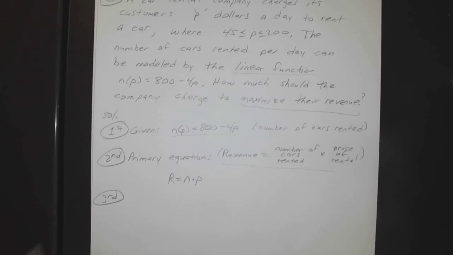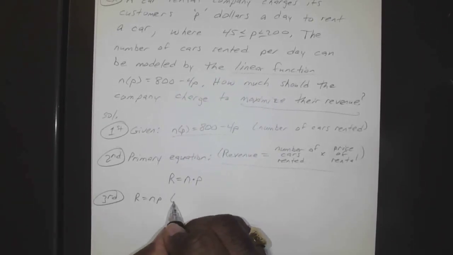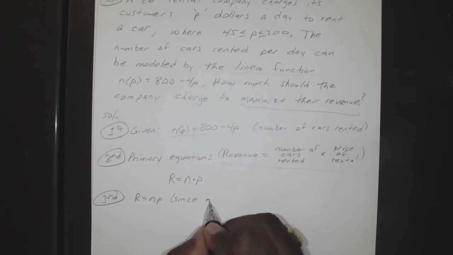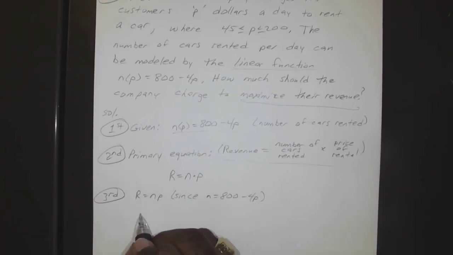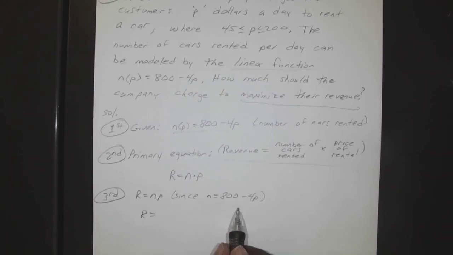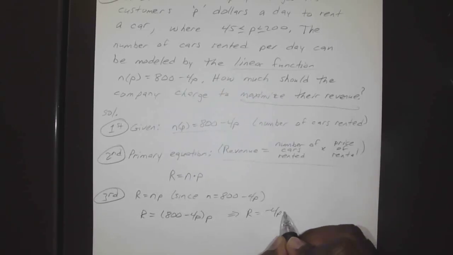So our third step: R equals N times P, and since N is equal to 800 minus 4P, we can make R equal to 800 minus 4P times P. Or we can make it 800P minus 4P squared, or we can flip it around: negative 4P squared plus 800P.